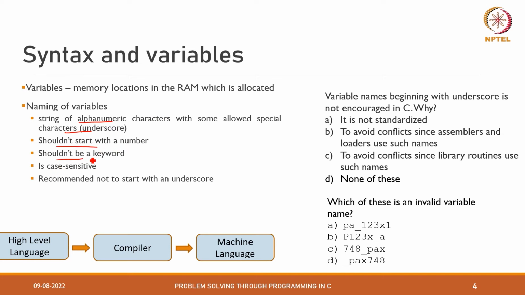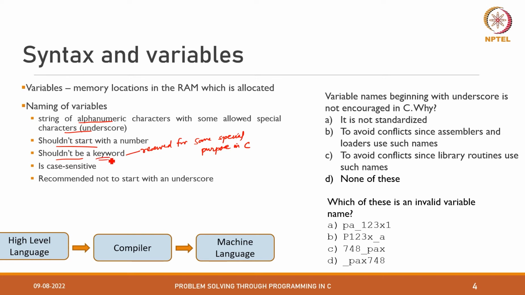This keyword is basically reserved for some special purpose in C. So we cannot use a keyword as a variable because it will create a conflict, since something has been predefined in C, that is this keyword. Because it has a special purpose in C, we cannot use it as a variable.